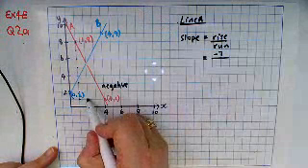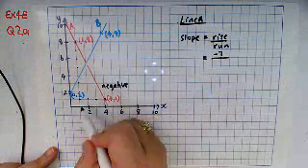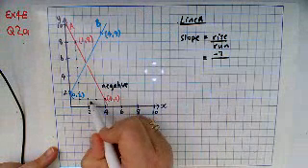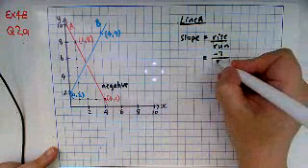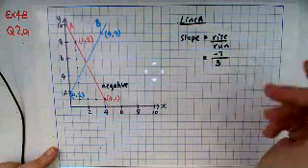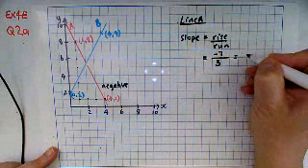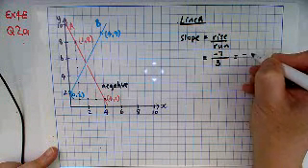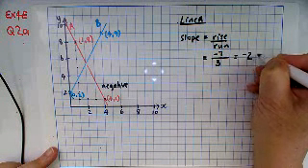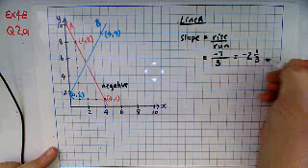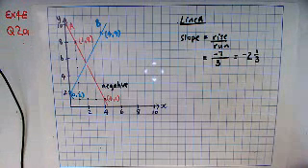And my run, 1, 2, 3, is positive. So that is my slope. We could simplify that fraction, and it could be negative 2 and 1/3. Either answer would be fine.